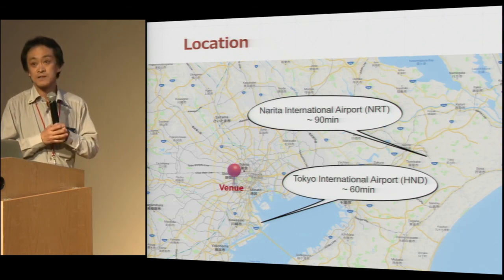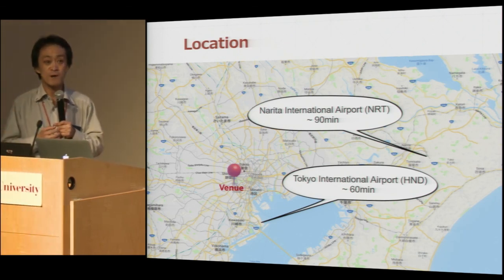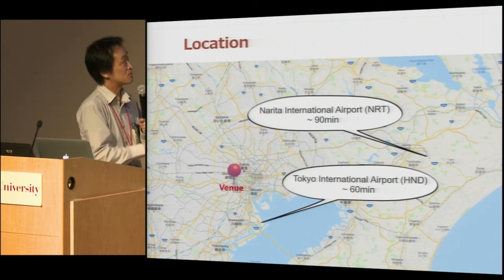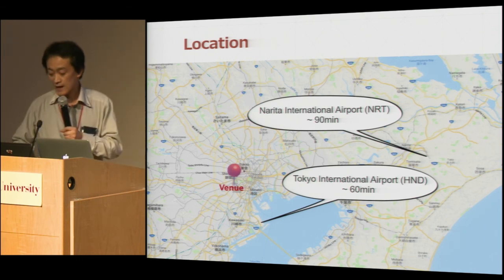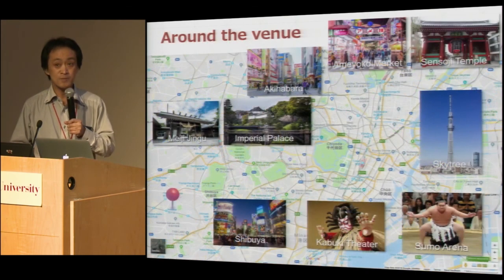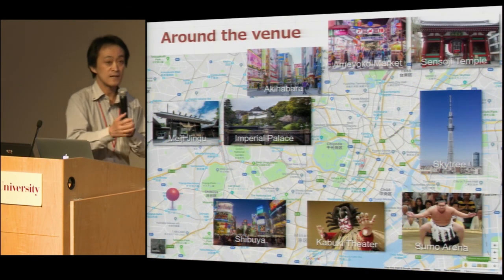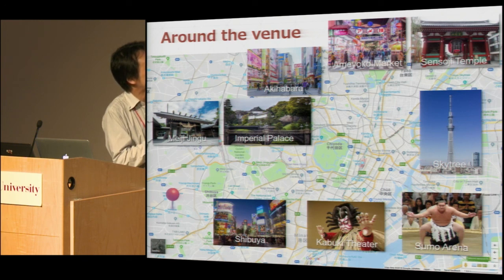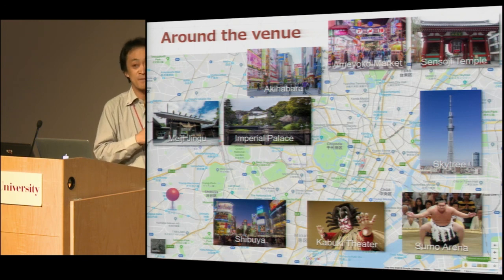There are many direct flights from the United States, and it is not so far from the venue. And the venue, Tokyo University, is very near the center area of Tokyo, so you can visit a lot of sightseeing spots, including Meiji Jingu, the Imperial Palace, and Akihabara, which is very famous for Japanese pop culture such as manga, anime, and cosplay.